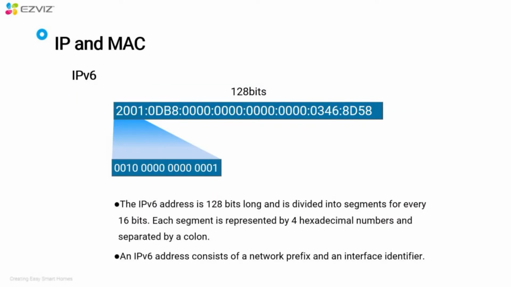This is an IPv6 address, which is 128 bits long and is divided into segments of 16 bits each. An IPv6 address consists of the network prefix and the interface identifier.